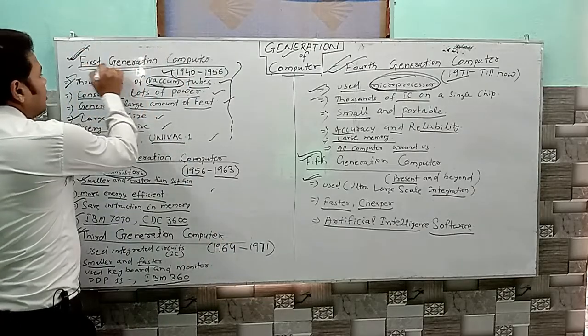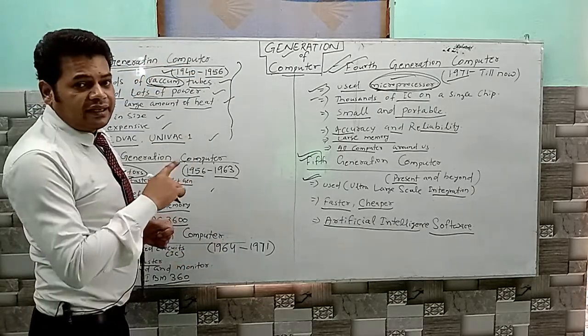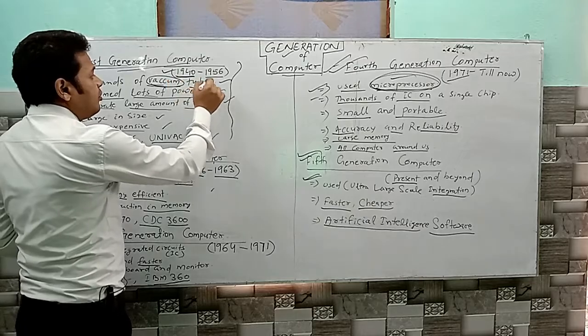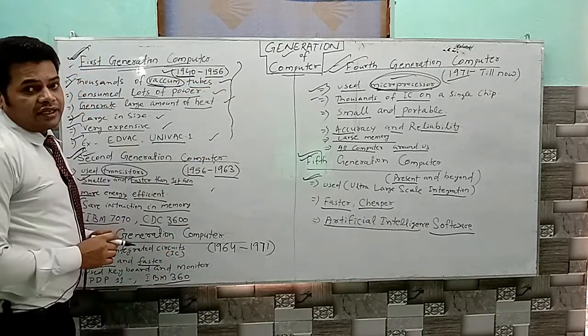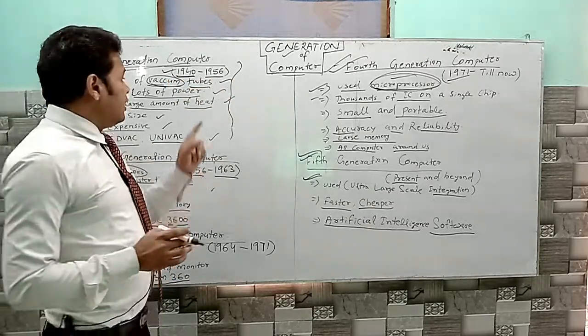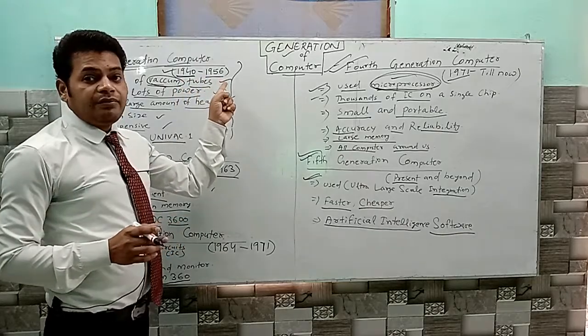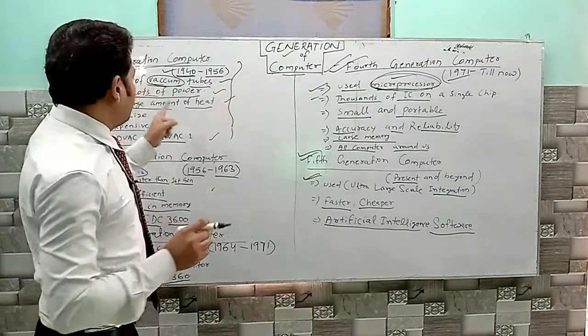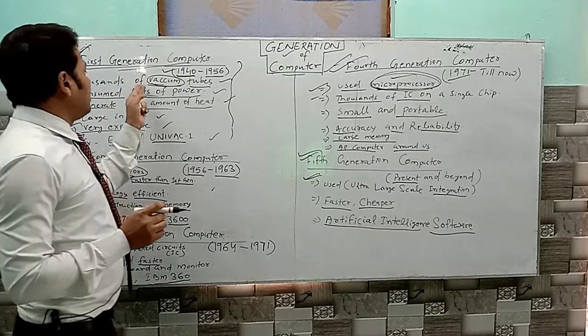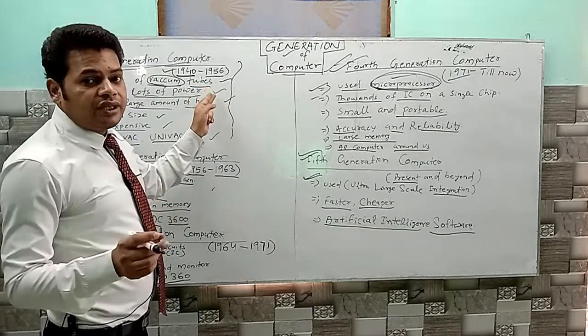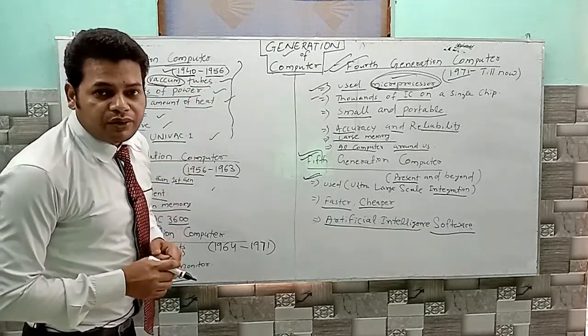The first generation of computer started in the year 1942-1956. Thousands and thousands of vacuum tubes were used in this generation of computer.